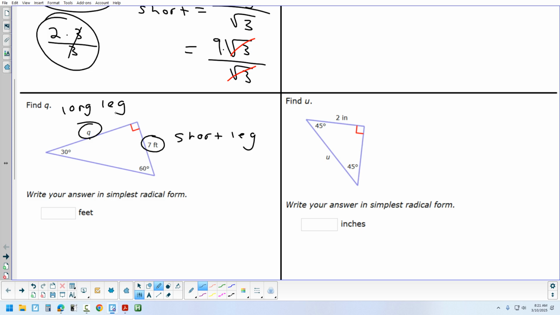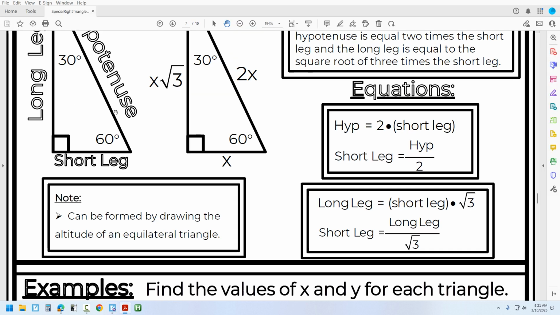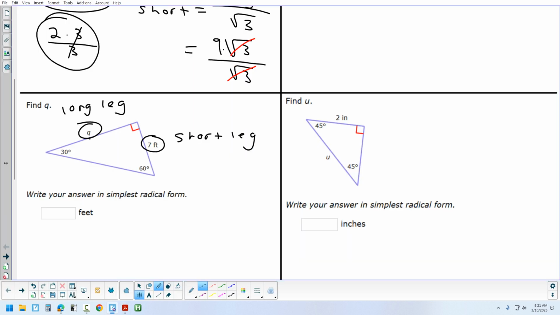So let's look it up and see if we can find a formula to find the long leg. So let's go back. It says the long leg is the short times the square root of 3. So let's write that down. Long equals short times the square root of 3.